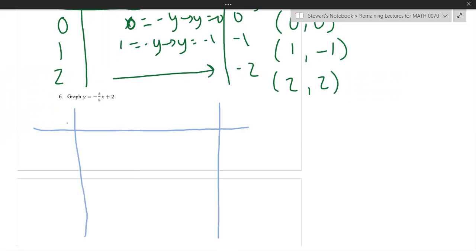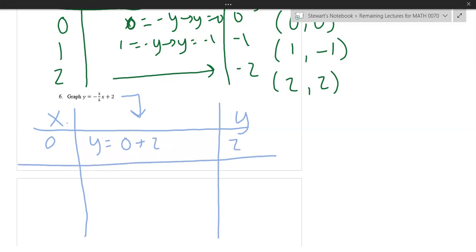Okay, so in this case, we have x and y, and our equation goes in the middle. I'm going to start with 0 as per usual. So we have y equals 0 plus 2, so 2.